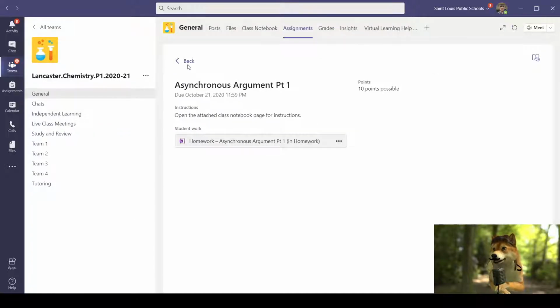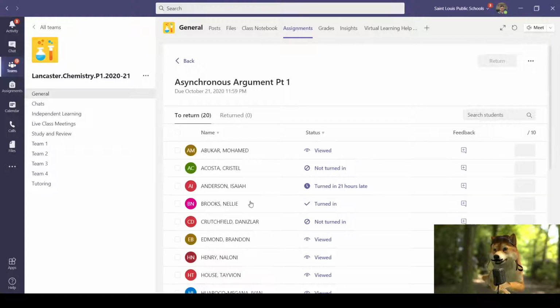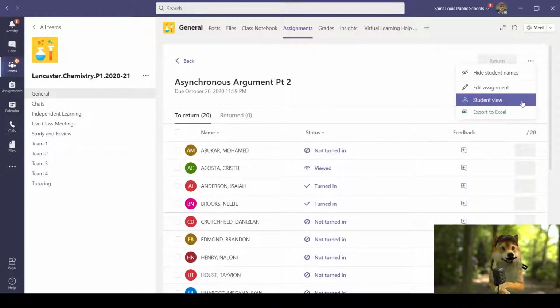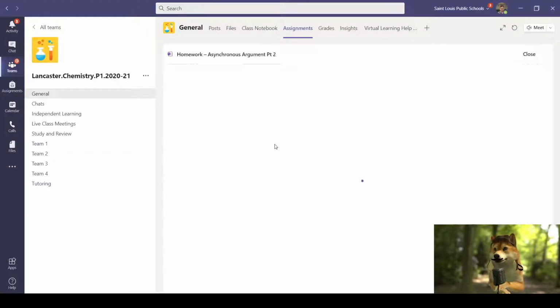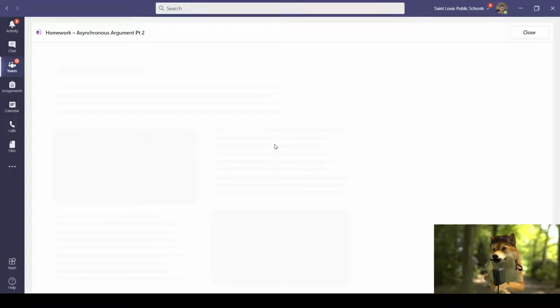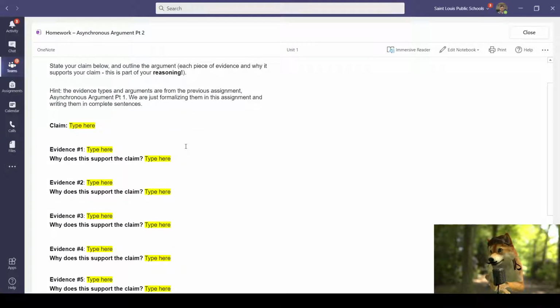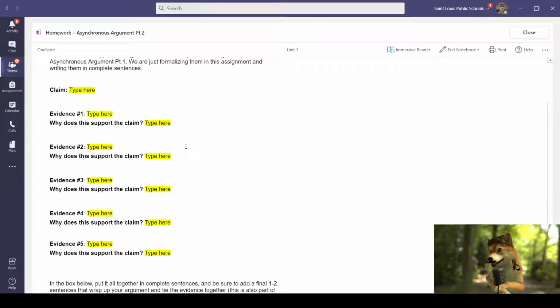Now, let's go back to Asynchronous Argument Part 2. Let's take a look at this one. So, if we open this up, here's the first thing. The first half of this is mostly just kind of moving over what you wrote down in the table.